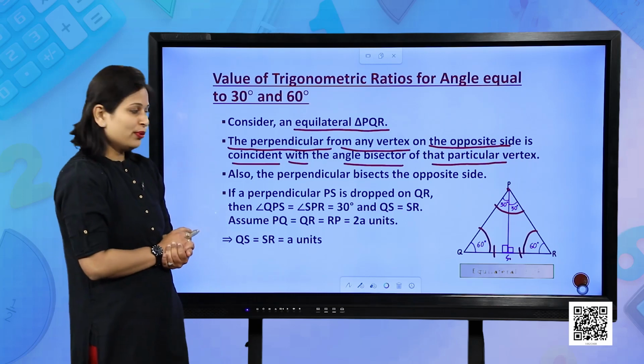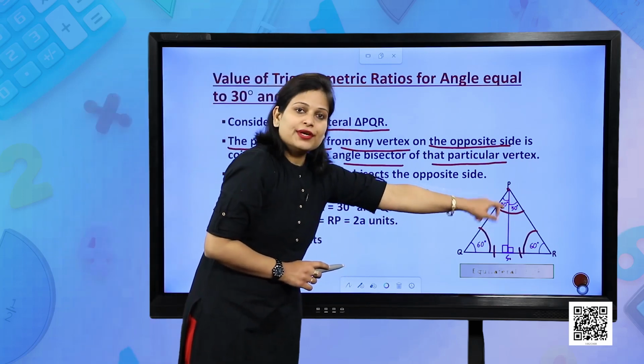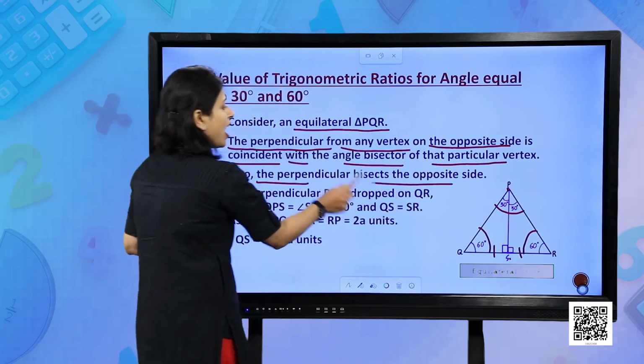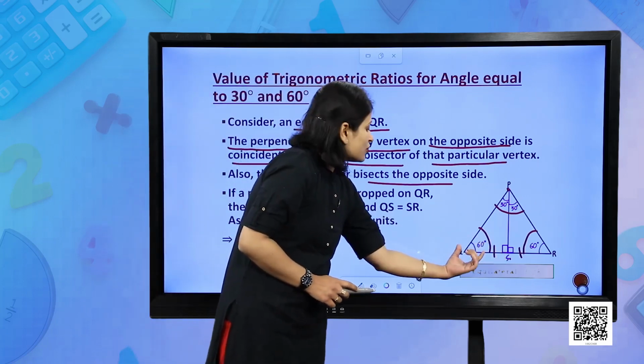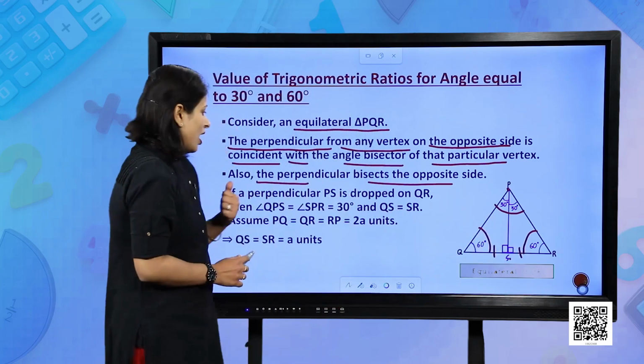As I have told you, these angles are of 30 degrees and the perpendicular bisects the opposite side. The opposite side is QR, so it will bisect. So, QS is equal to SR.